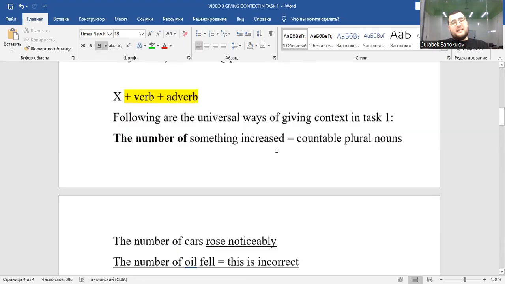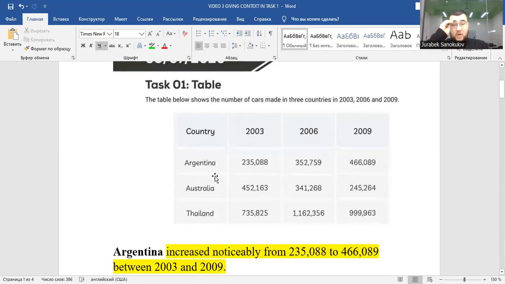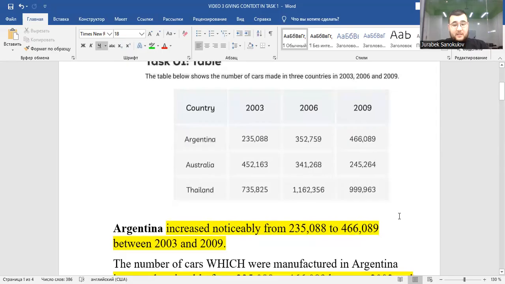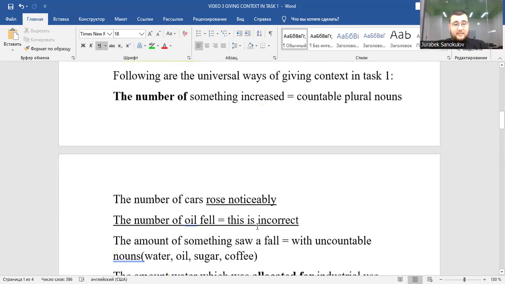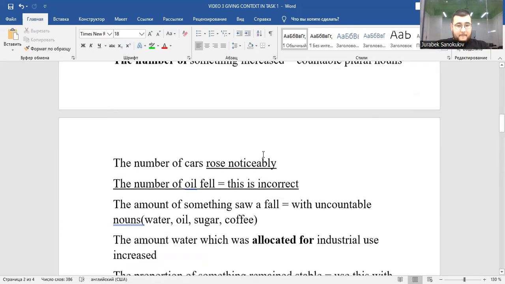Here as well, look at this. Instead of saying the number of cars produced by Argentina increased over the years, imagine you're describing the overview for this graph, which we're going to learn in detail in the next videos.